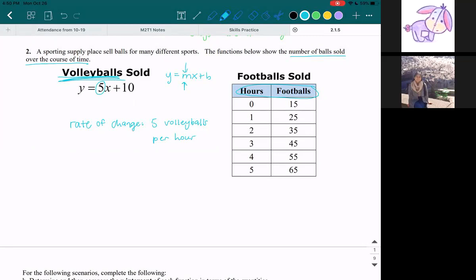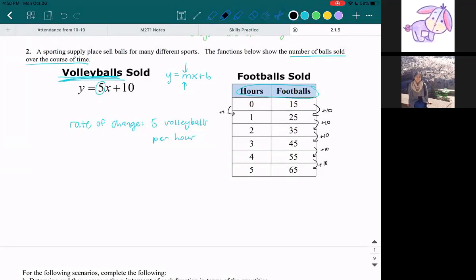Let's take a look at our football situation. And so for our football situation, what we want to do is what we did in the first problem. Take a look at how many it's increasing by. So from 15 to 25, you're increasing by 10. 25 to 35, you're increasing by 10. We're increasing by 10, by 10, by 10. That's all good. Let's double check on the left side.